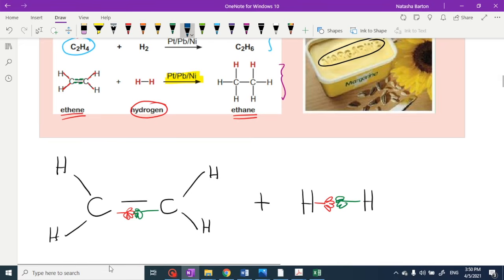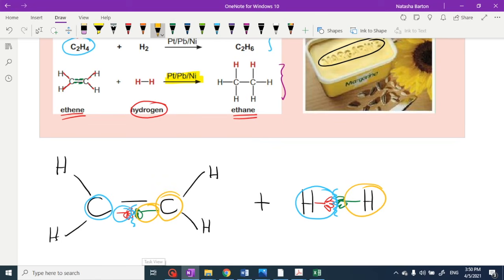What will happen in the presence of a catalyst is that one of the bonds of the double bond is going to be broken, and the bond between the hydrogens will be broken as well. So one hydrogen will bond with the one carbon, and the other hydrogen is going to bond with the other carbon.